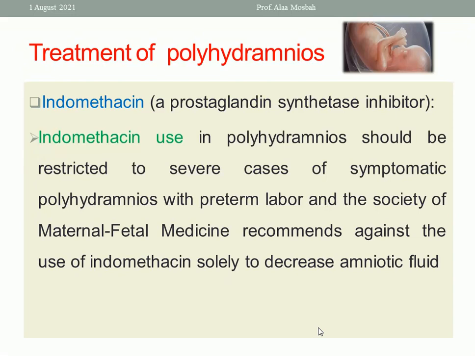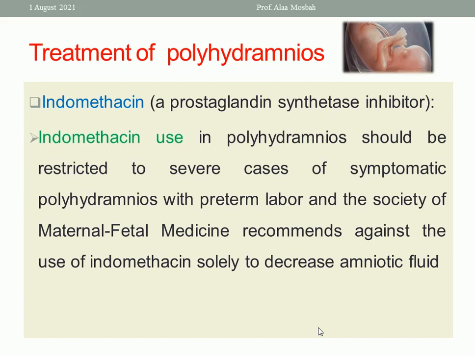So this recommendation says that we can use it only as a tocolytic and at the same time it will decrease the amniotic fluid, but not only as a drug to decrease amniotic fluid. So if we need it as a tocolytic drug, we can use it.